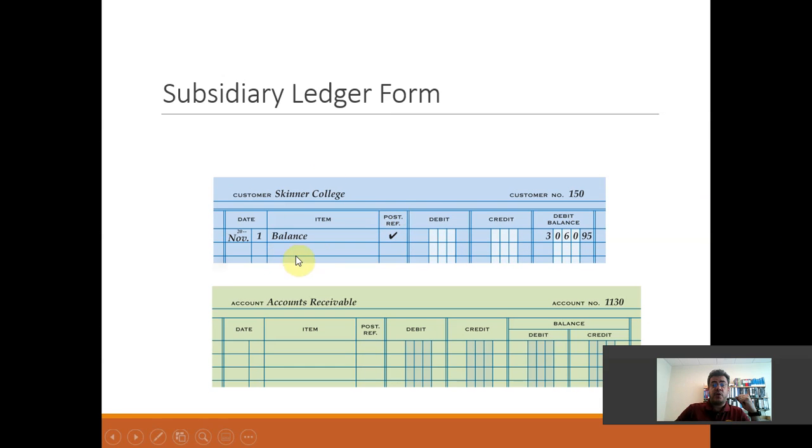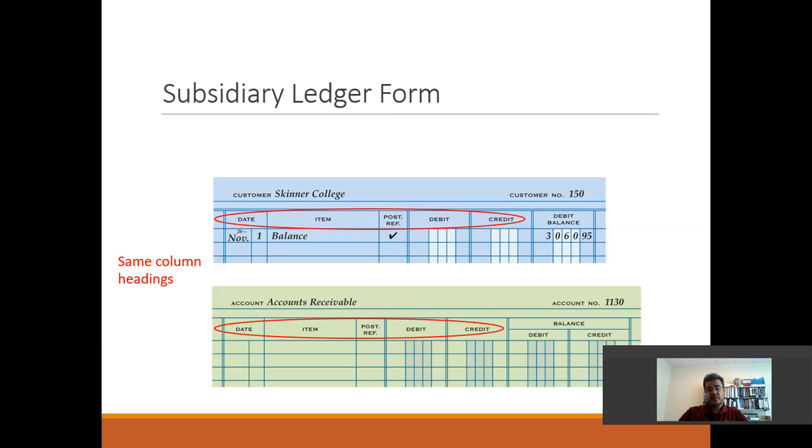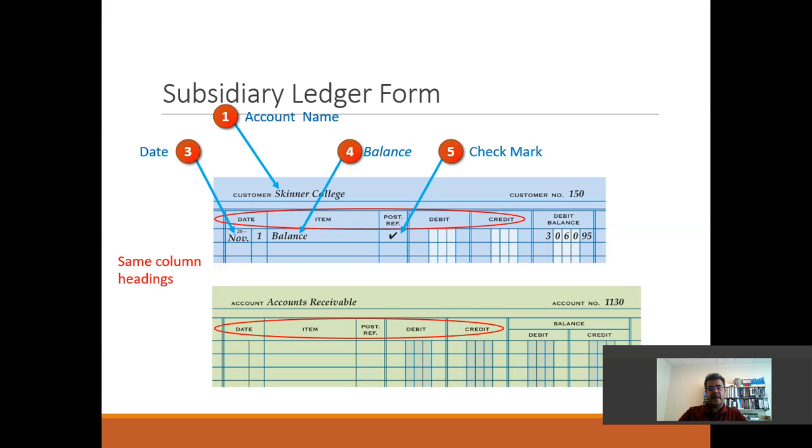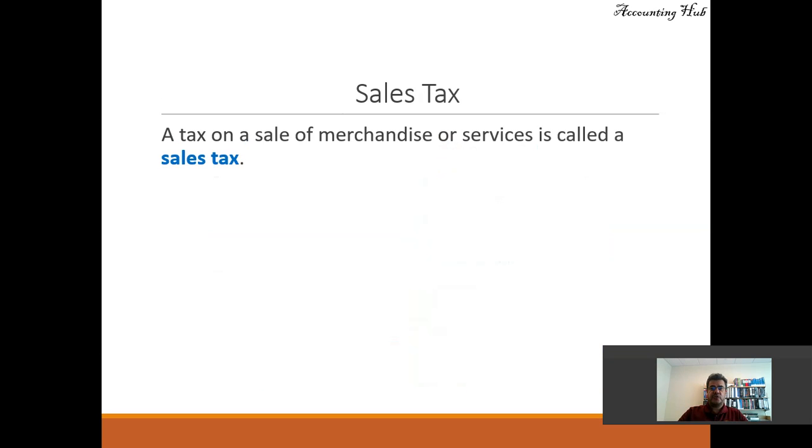So here we record the sales and the payments. And then accounts receivable where we combine all of my customers. Date, item, debit, credit, and balance, just like any other account. Okay? And then account name, date, balance, check mark, and so on.